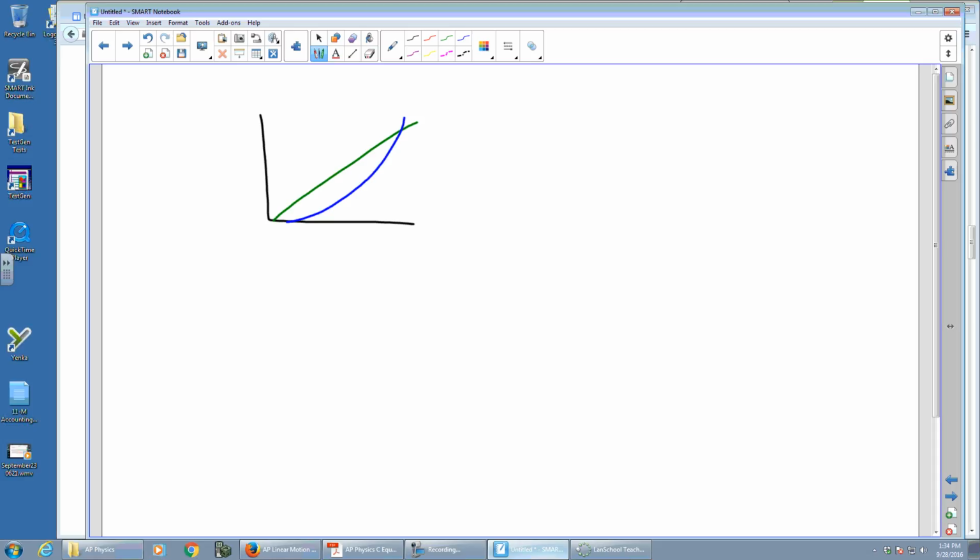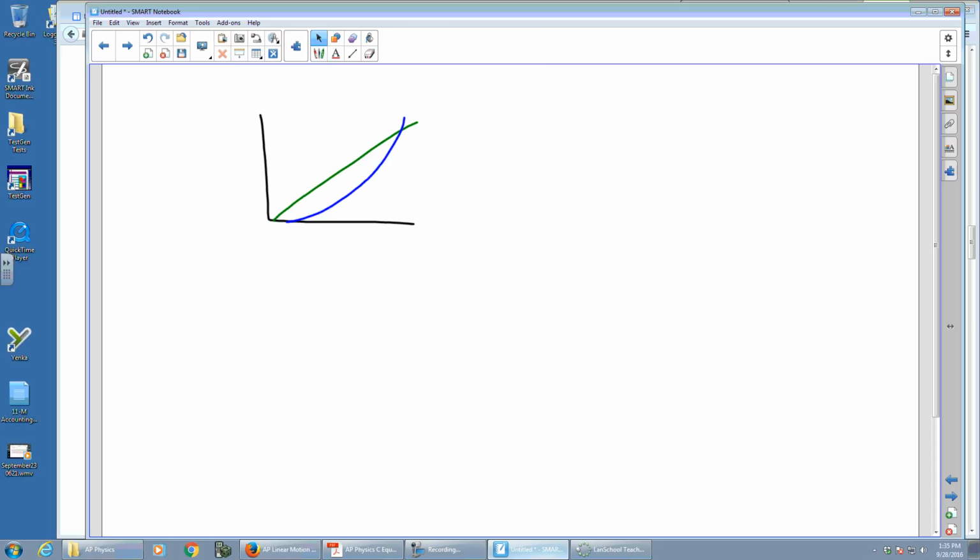Notice I didn't have them start together down here because he starts 1 second later. And I'm wondering what that time is. I could do it graphically, but let's do it mathematically.